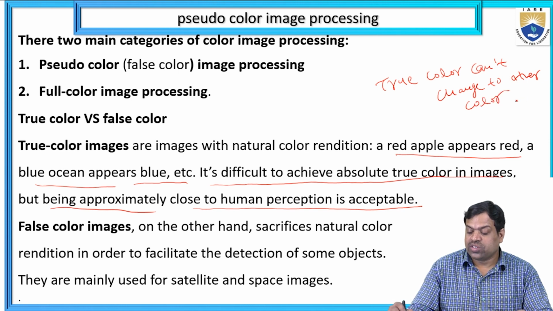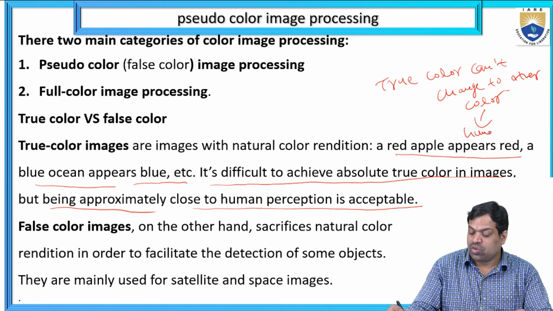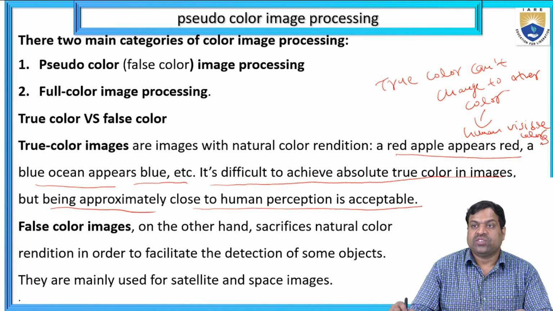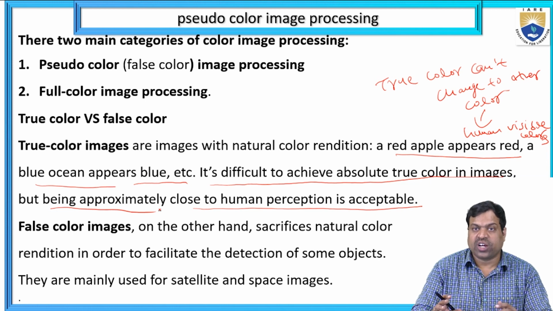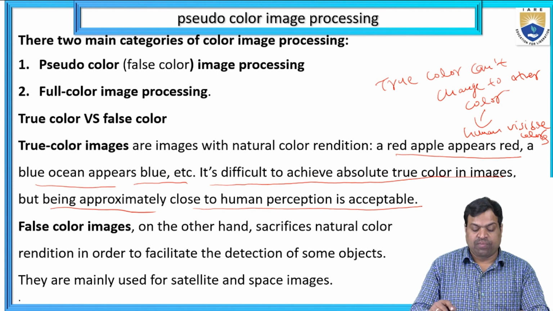So true colors can't change to other colors. Why? Because these are human visible colors, like the ocean and the red apple. It is difficult to change the original colors.